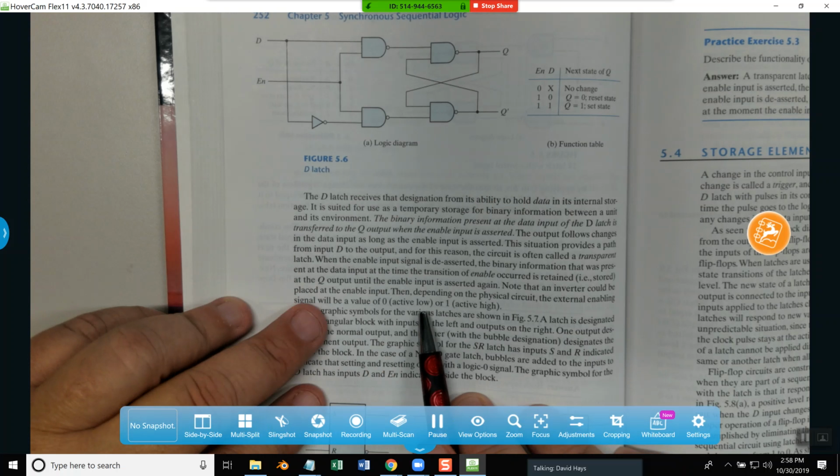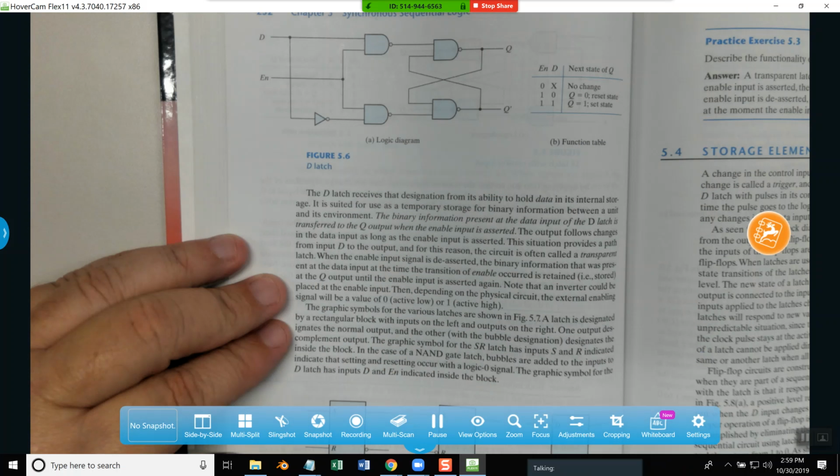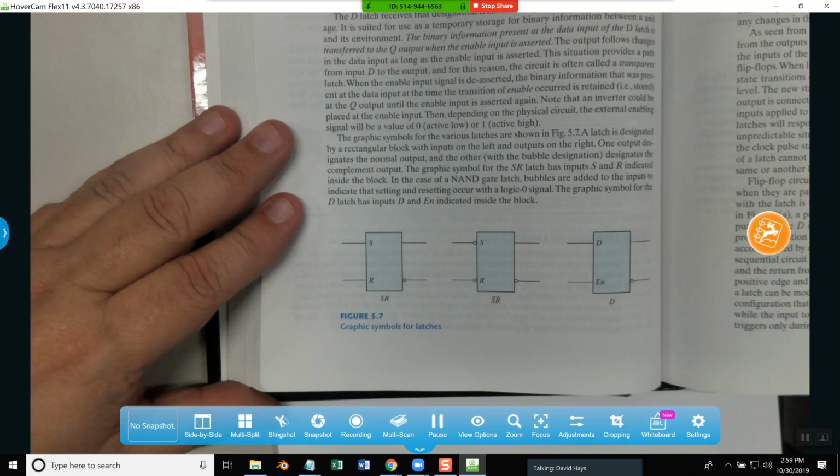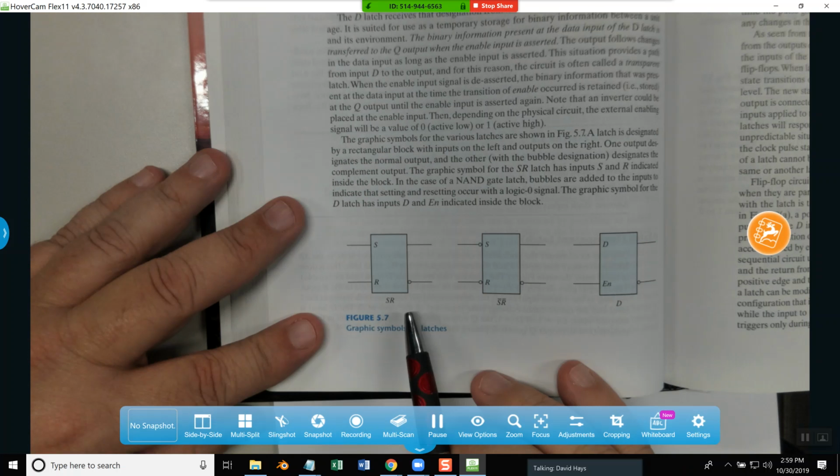In case of a NAND gate latch, bubbles are added to the inputs to indicate that setting and resetting occurs with a logical 0, which is this right here. The graphic symbol for the D latch has inputs D and EN indicated inside the block. Of course, we've got our outputs there.